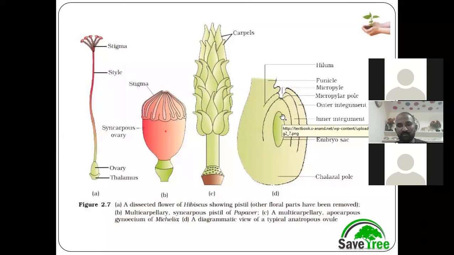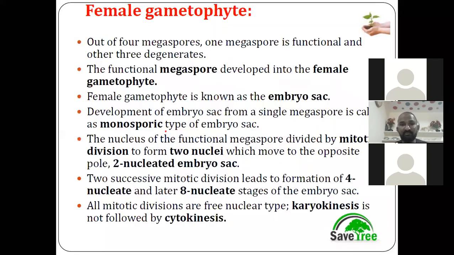The megaspore mother cells undergo meiotic division, and in these meiotic divisions they produce megaspores in a linear arrangement. That's why it is called a linear tetrad.